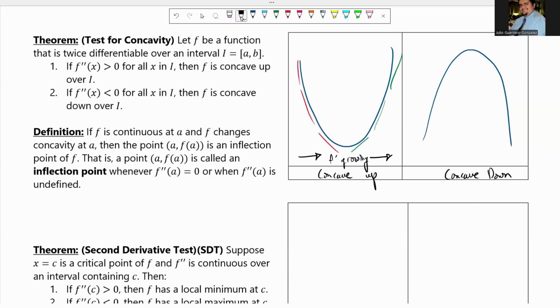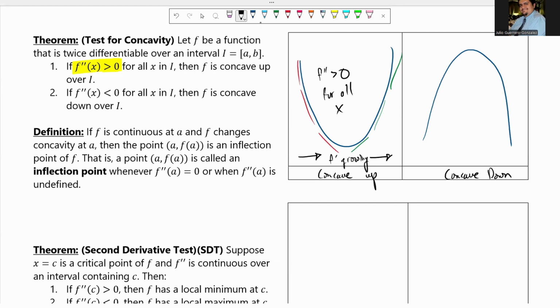My f primes are positive, which means my f double prime is bigger than 0 for all the x values for something that's concave up, right? If that happens, then you know it's bowl up. It's going to be concave up, okay?